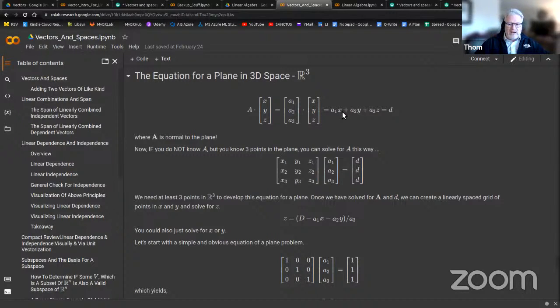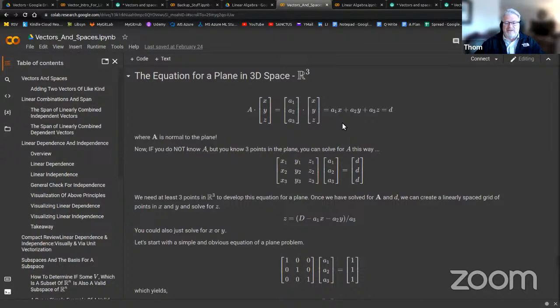And if we do that all out by hand, it looks like this. Well, what we're saying is that all of this defines the equation of a plane in 3D space, real number 3D space. Now, you probably remember, you've heard, it takes 3 points to describe a plane.